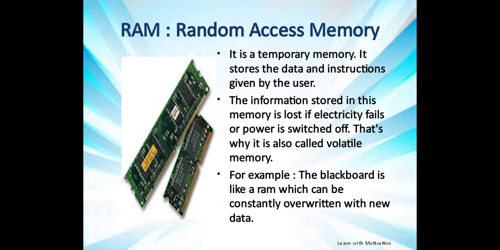Do you know what volatile means? Volatile means uncertain. That is why it is called temporary memory. For example, your blackboard is like a RAM which can be constantly overwritten with new data. When ma'am rubs the blackboard, the data is removed.